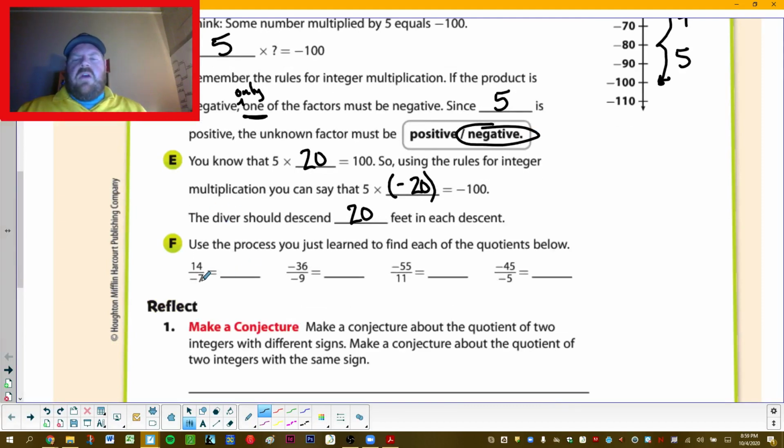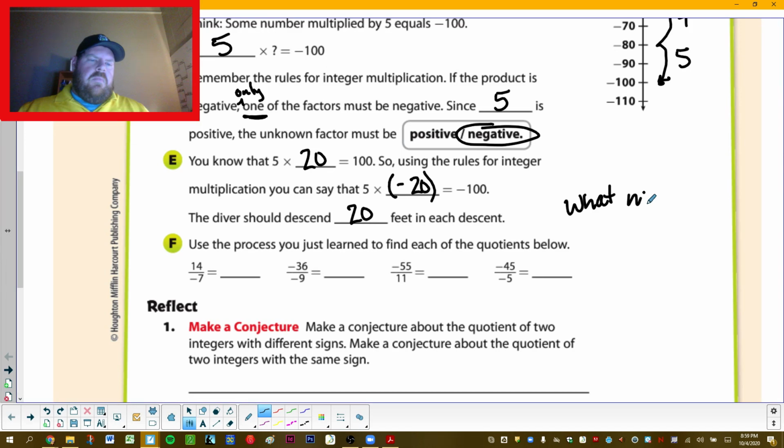So if I'm thinking about this in terms of multiplication, I want to think: what number times the denominator will equal the numerator?